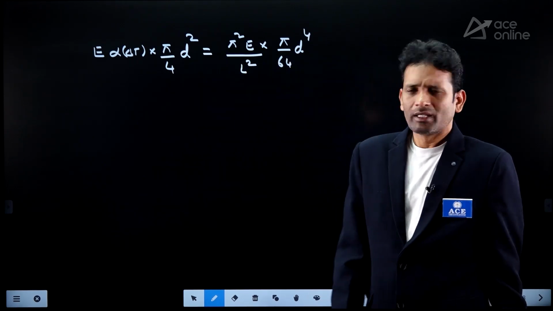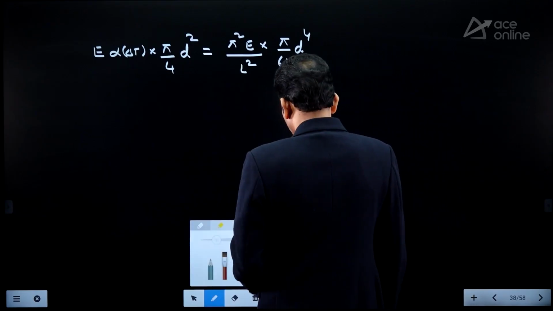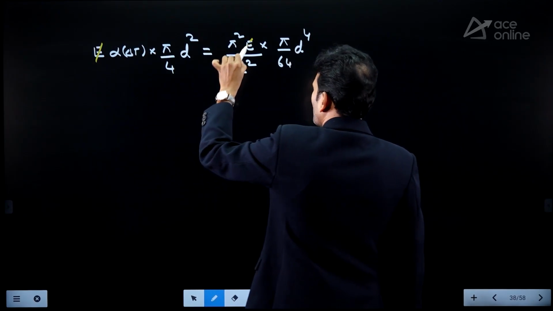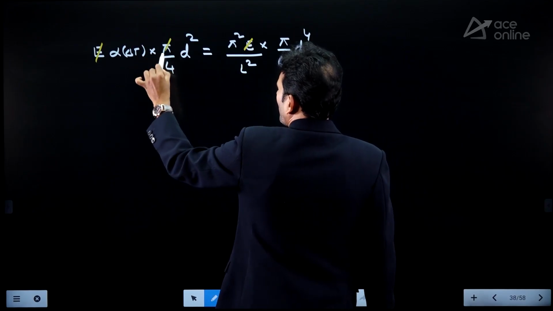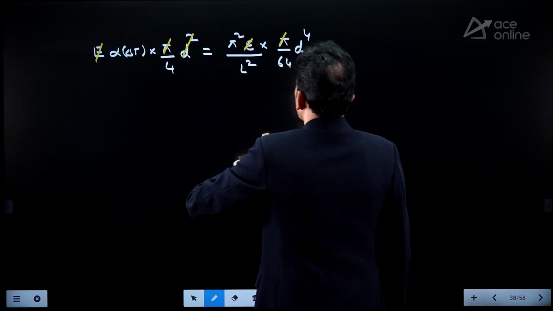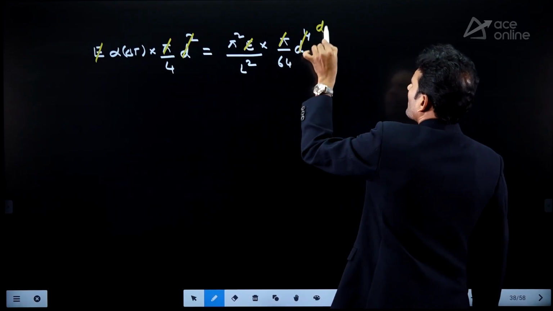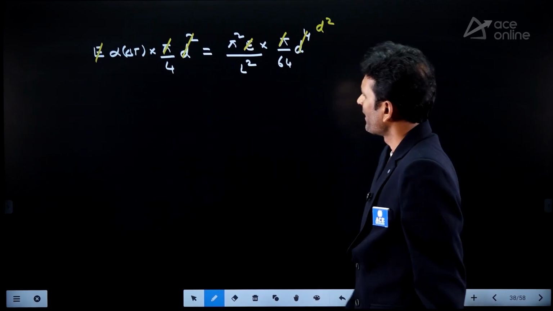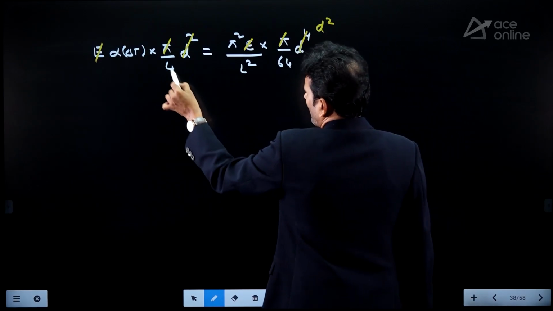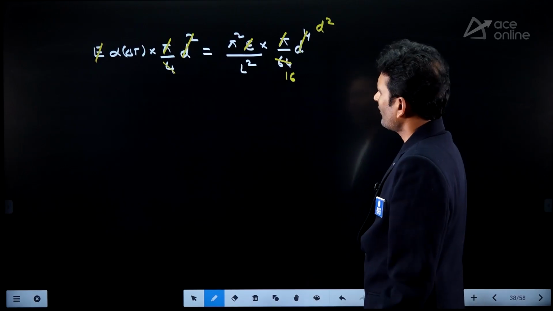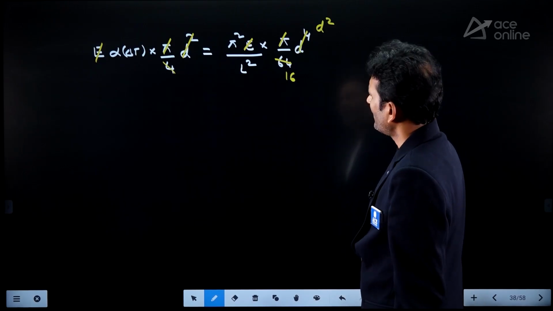If any terms are getting cancelled, first do the cancellation. Here E is getting cancelled. Here pi is getting cancelled. D square we are observing here, D to the power 4 we are observing here. So it is D square we are left with. That's fine. Here 4 we are observing, here it is 16. Right?